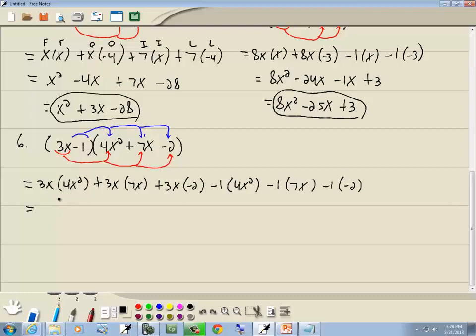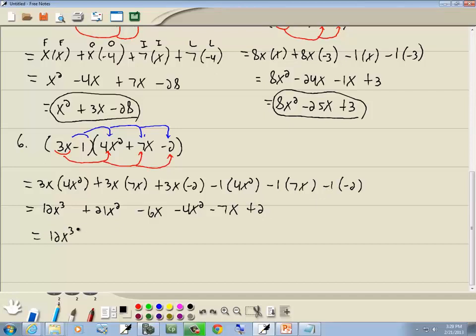Well, 3x times 4x squared gives us 12x to the third. 3x times 7x gives us 21x squared. 3x times negative 2 is negative 6x. Negative 1 times 4x squared gives us negative 4x squared. Negative 1 times 7x is negative 7x. And negative 1 times negative 2 is a positive 2.